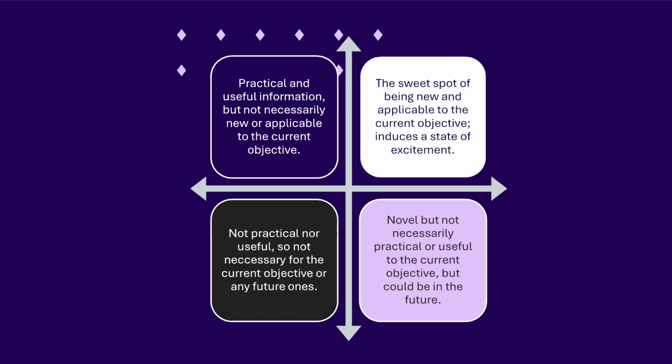So then if we look at the purple box in the upper left-hand side of the matrix, we see practical and useful information, but not necessarily new or applicable to the current objective. So in this case, basically what I'm saying is, okay, ethical leadership, the definition, is it new?